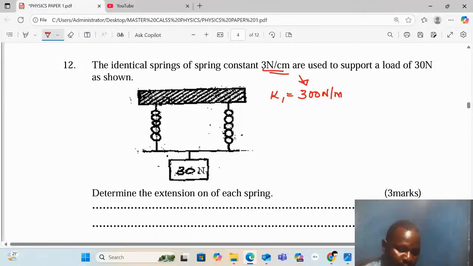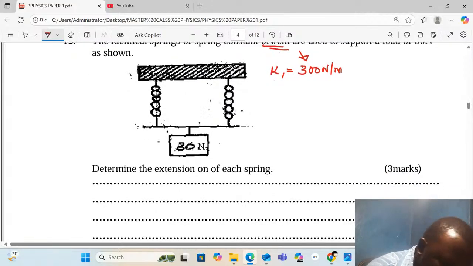Now we move over. Since we are having two springs which are in parallel connection, I need to look at the combined spring constant. We know that the combined spring constant for springs in parallel is N times the spring constant of one spring.